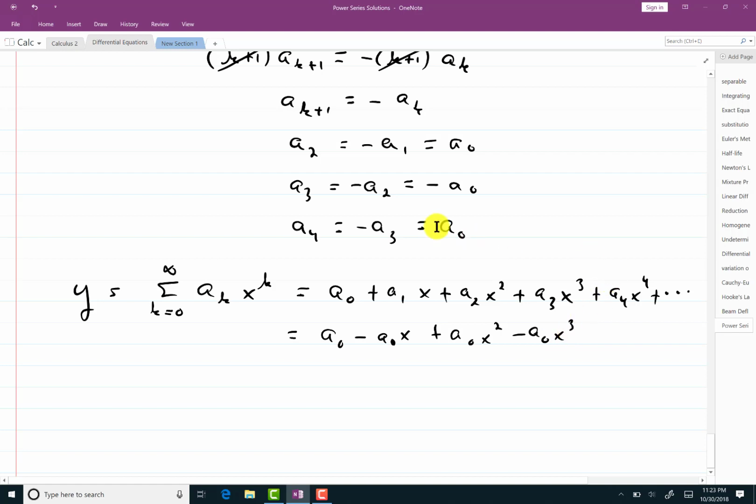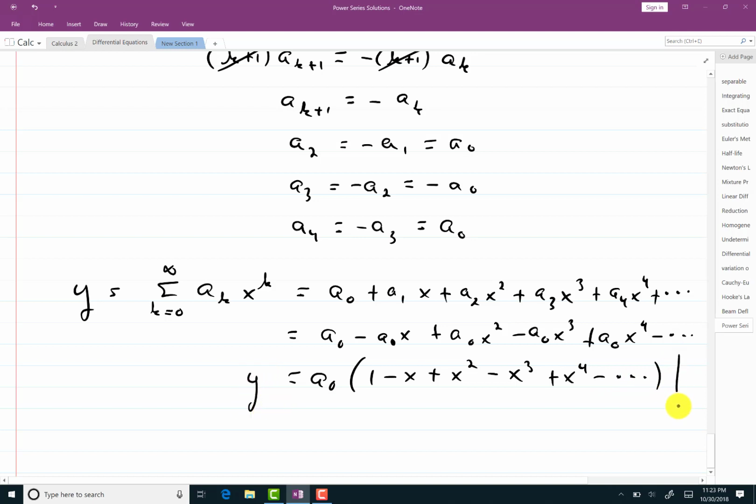I just want to make sure I got my coefficients right. Yep, minus goes on the third. Plus a0x to the fourth minus dot dot dot. That'll be a sub 0 times 1 minus x plus x squared minus x cubed plus x to the fourth minus dot dot dot. So there is your answer for y.